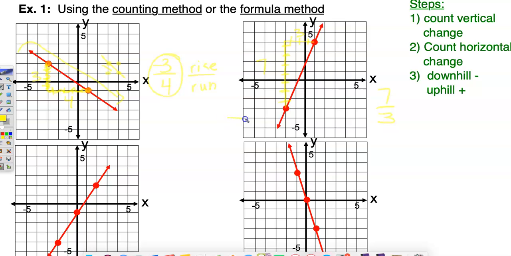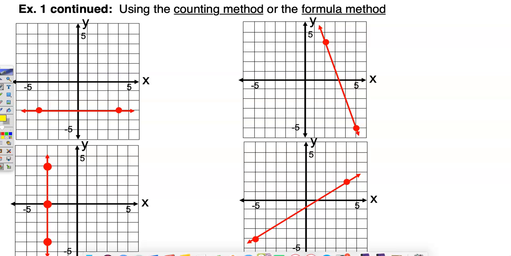And then I look back at the graph and I realize as I approach the graph, I'm going uphill. So that's a puff, puff, positive. So it's going to stay 7/3. This graph here has a vertical change of 3, horizontal change of 2. So our change in y over change in x is 3 over 2, and it's going puff, puff, positive.